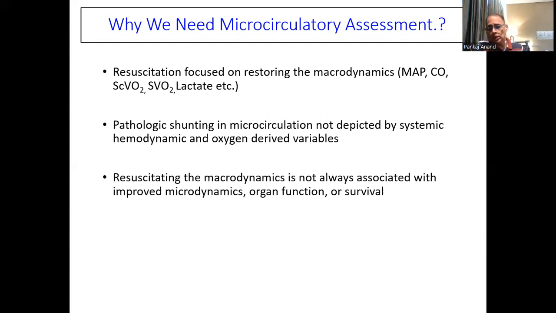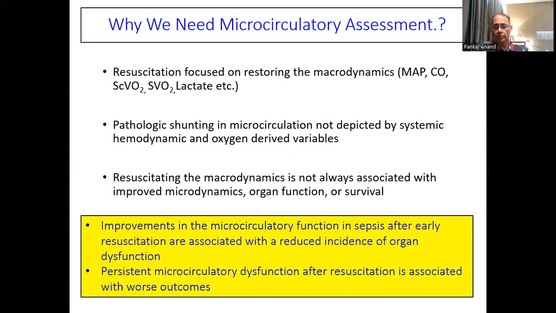Also, resuscitating the macrodynamics is not always associated with an improvement in the microdynamics, the organ function, or the survival of the patient.